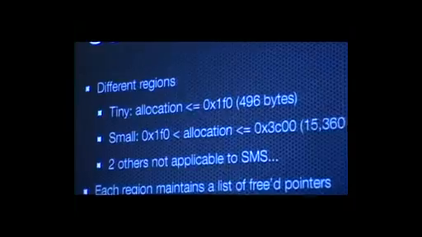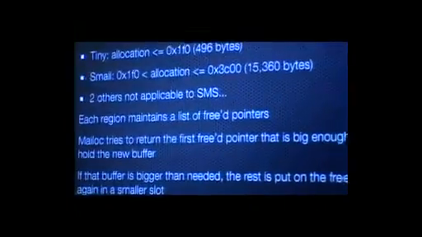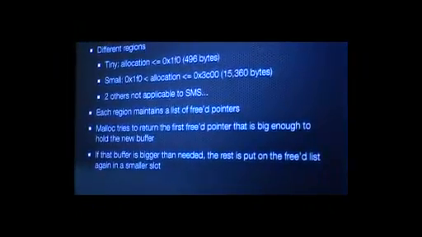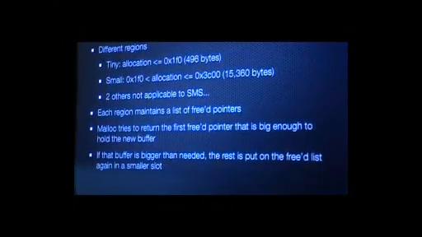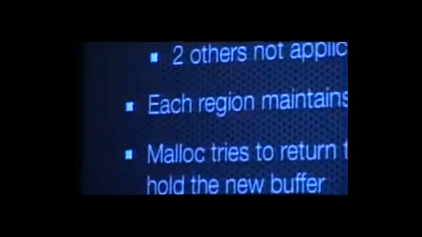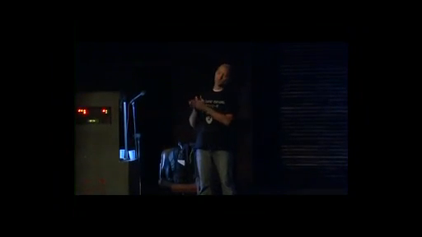The way malloc works is the first thing it does is look to see if there's any freed pointer that's big enough that it can just return. If there's one exactly the size that's requested, it just returns it. If there's not one exactly the size, but there's a bigger one, it splits the bigger one into two and returns the part you need, and then puts the littler part on the free list as a smaller one.